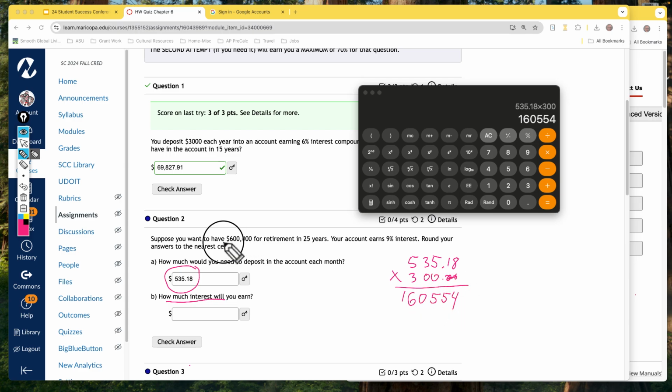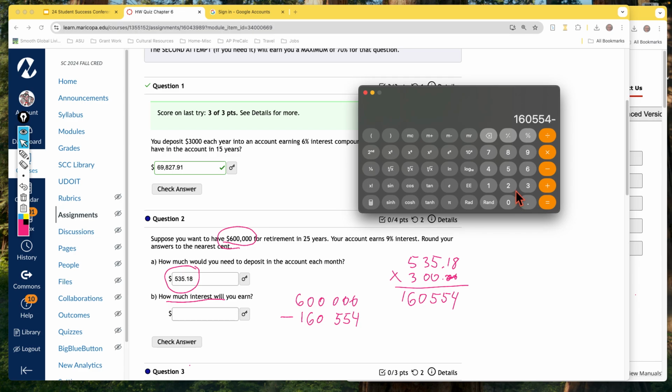How much did we have at the end? 600,000. So the difference, the subtracting, that gives us how much of that is interest. So we take 600,000, subtract off 160,554.